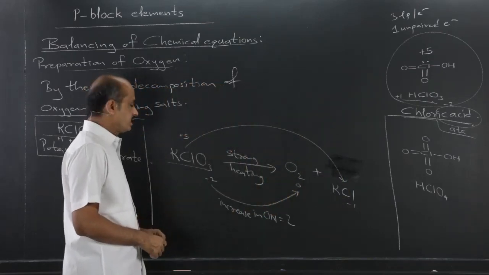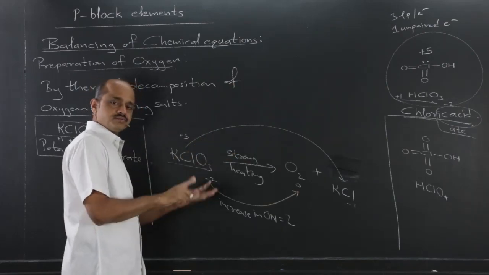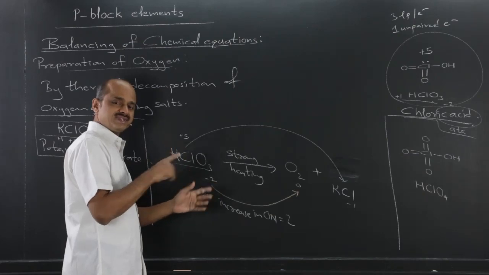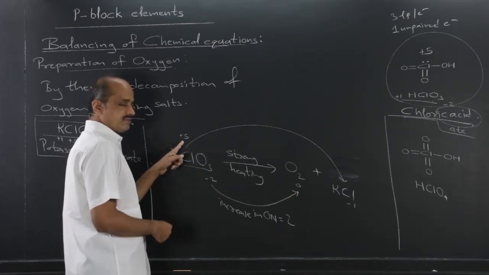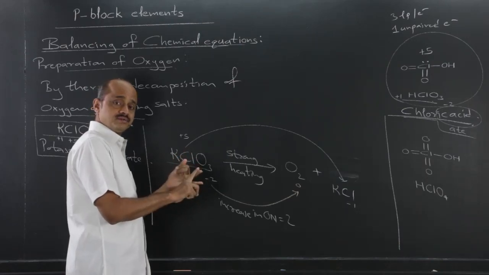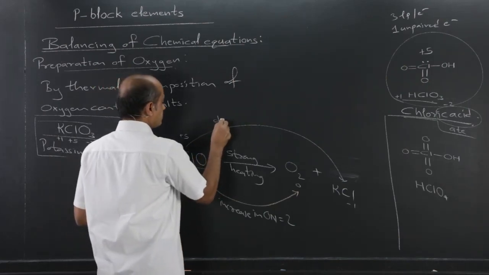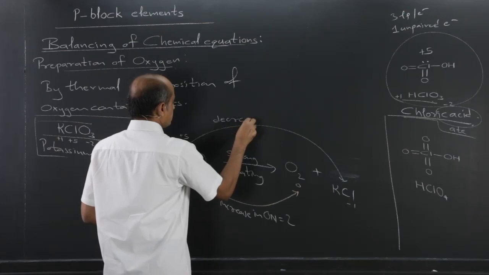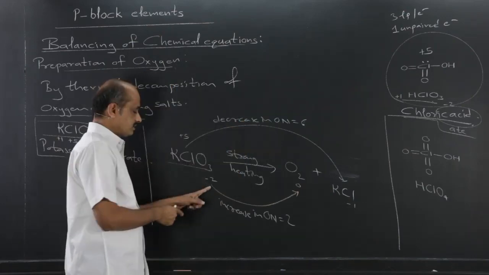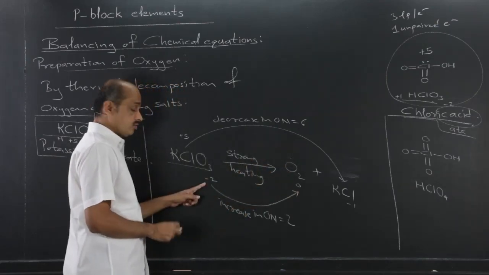Now this we should electronically balance. Plus 5 changes to minus 1, means plus 2, plus 1, 0, minus 1, 6. Plus 5, if it accepts 1 electron, it will get converted into plus 4, plus 3, plus 2, plus 1, 0, 1 more electron. So 6 decrease. One atom of oxygen with minus 2 charge changes to elemental oxygen, 1 atom.